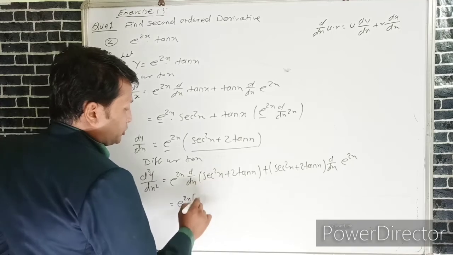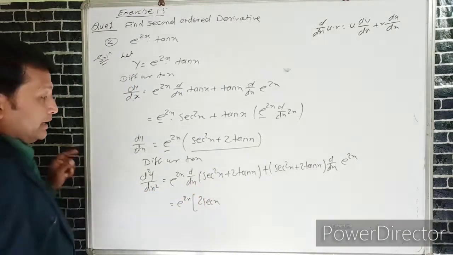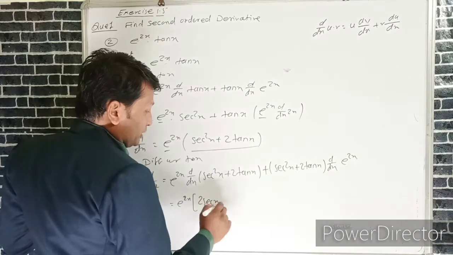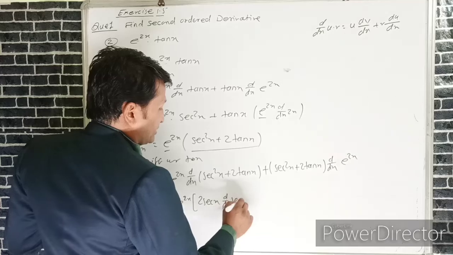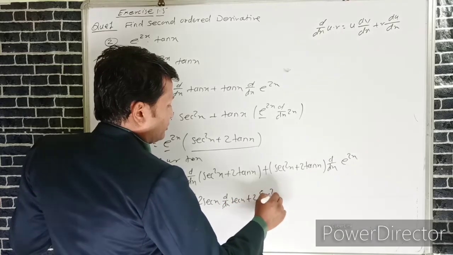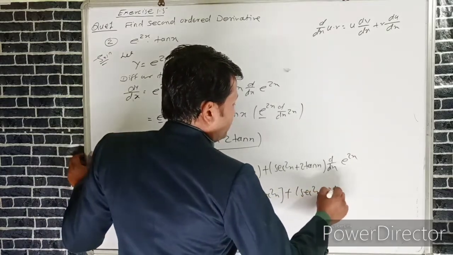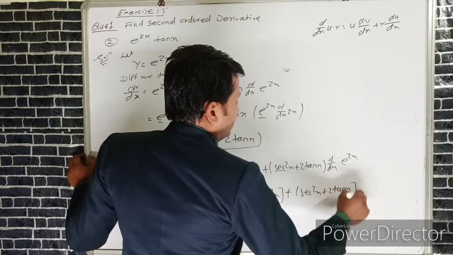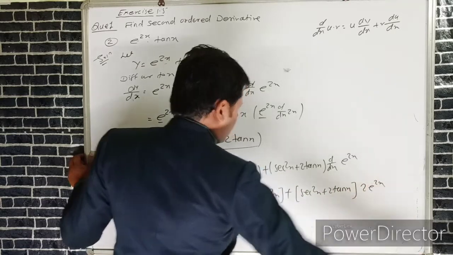The derivative of sec square x is 2 sec x by using the rule of x to the power n, and again the derivative of sec x, plus 2 constant times the derivative of tan x, which is sec square x. Then sec square x plus 2 tan x stays as it is, and the derivative of e to the power 2x is 2 e to the power 2x.